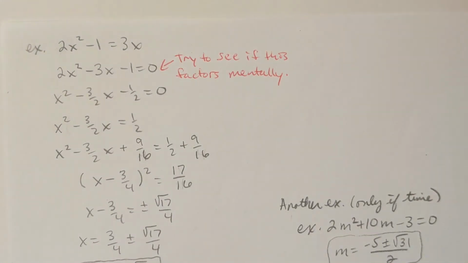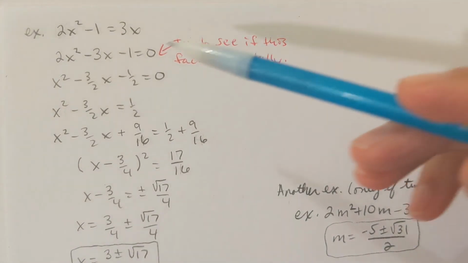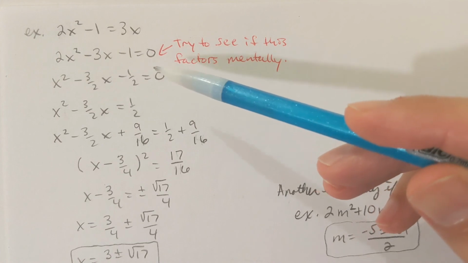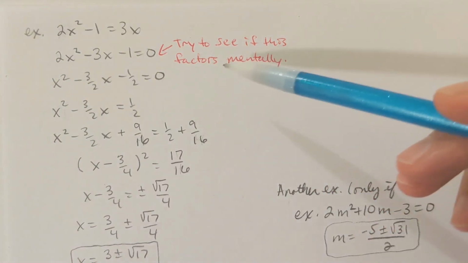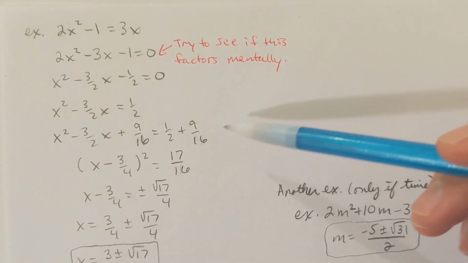Another one. 2x squared minus 3x minus 1 equals 0. I'll try to factor and see if we can get the factors.